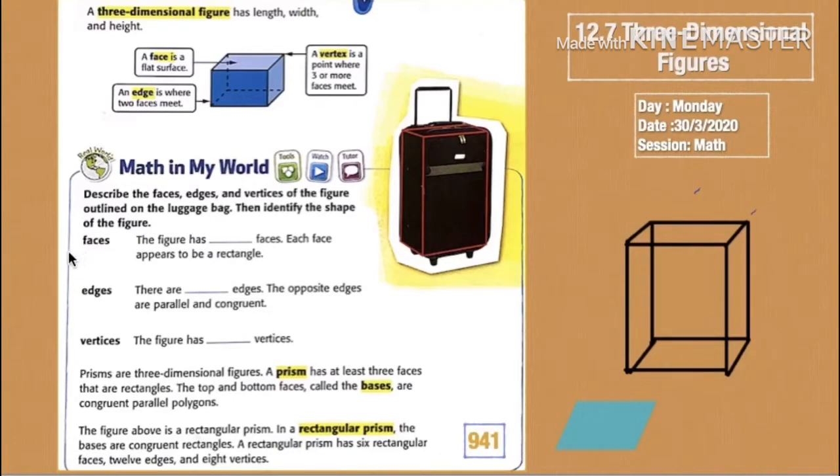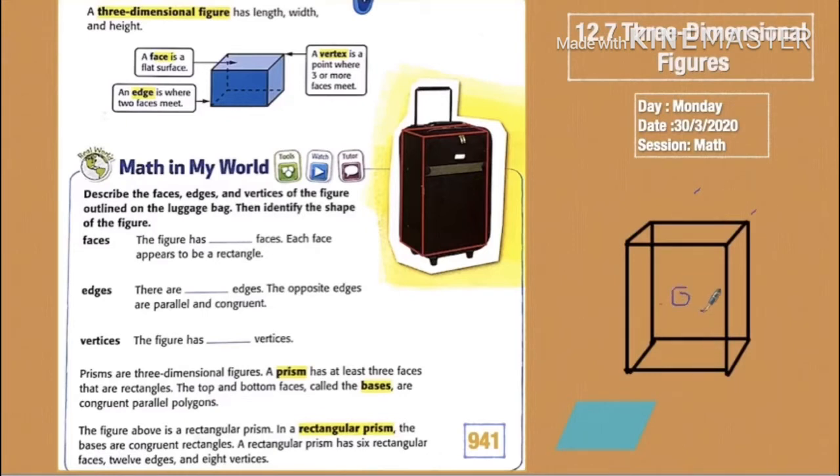So first we are looking for faces. If a face is a flat surface, the figure has blank faces. Each face appears to be a rectangle. If you imagine a suitcase that you probably used before, I'm going to pretend that is our suitcase. Now let's count how many faces I have in this suitcase. This would be the front of our suitcase, number 1.